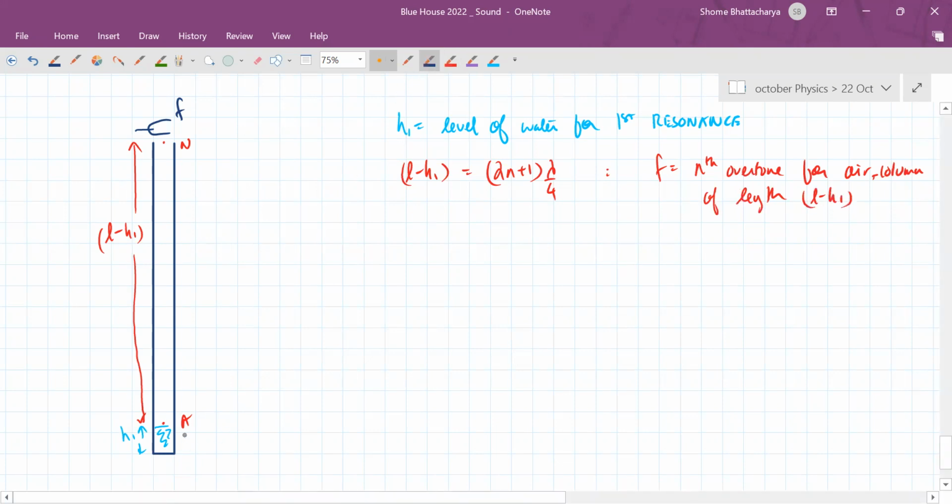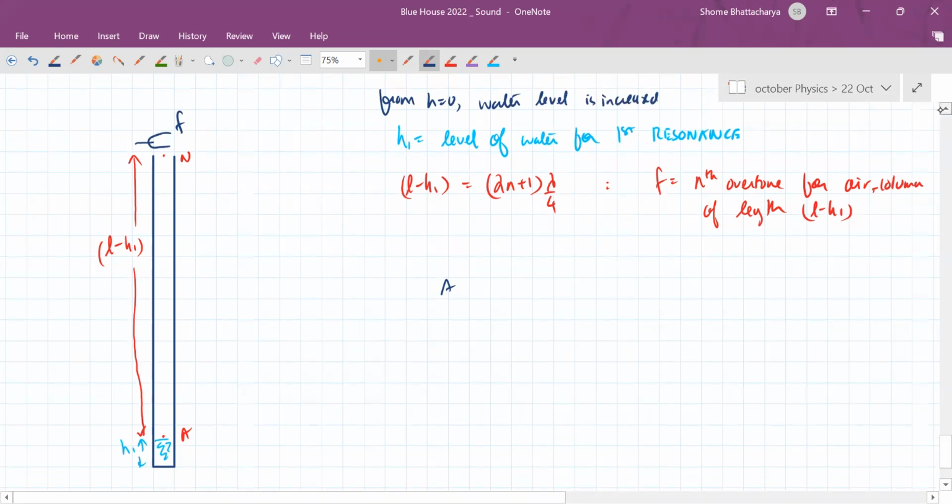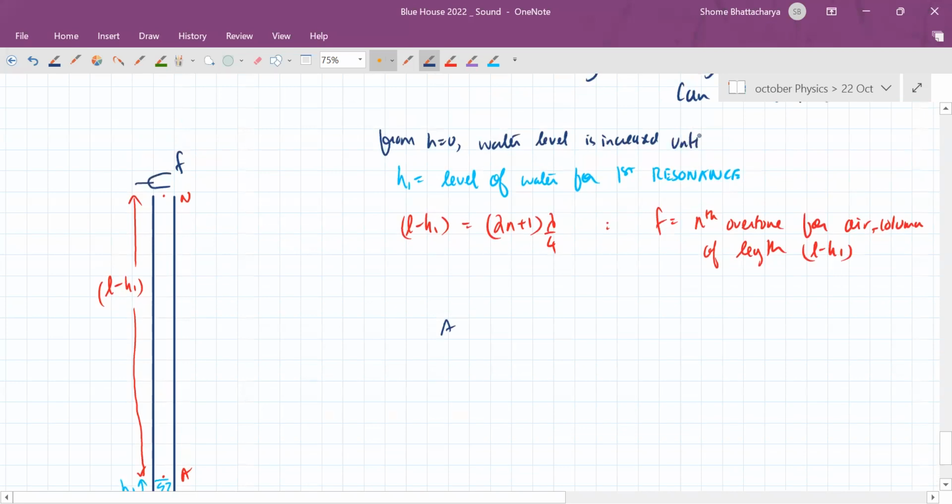Now next, the water level is slowly increased again. Initially from H equal to 0, the water level is increased until the first resonance is observed or heard at H equal to H1.